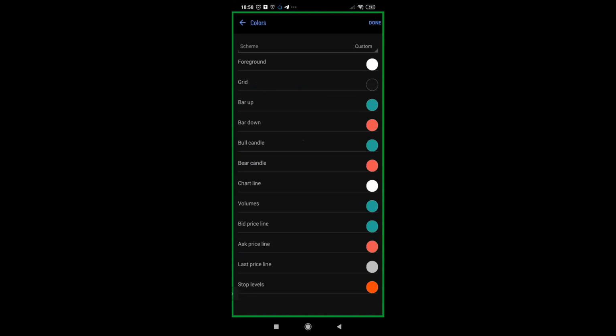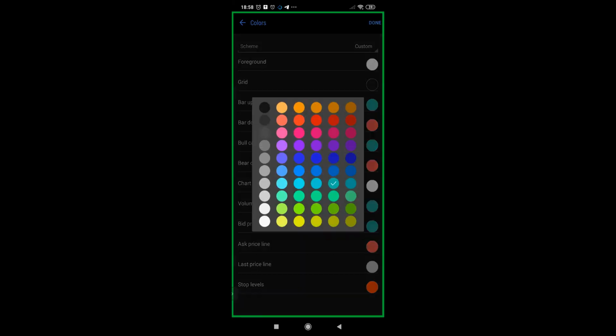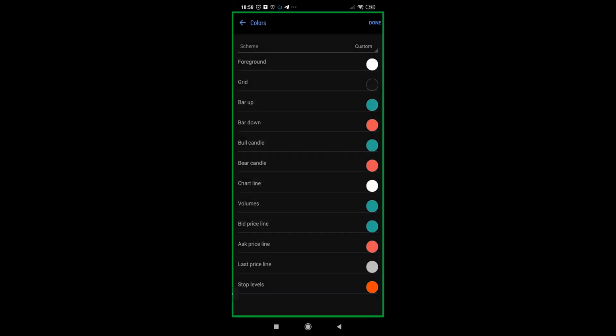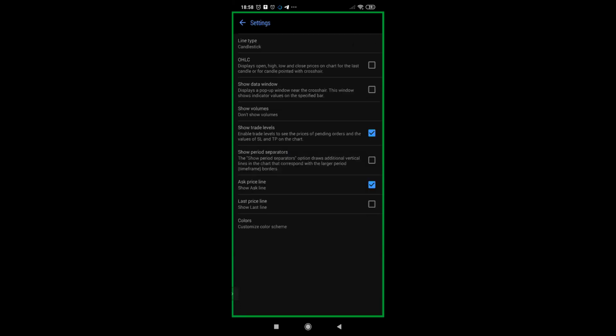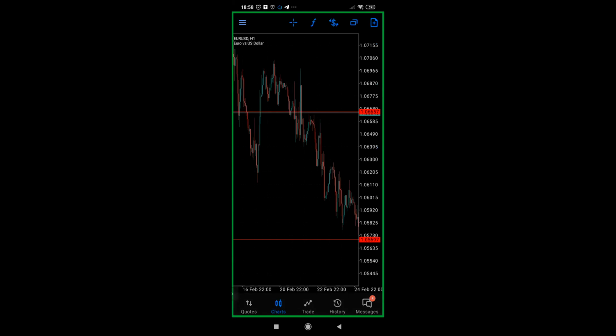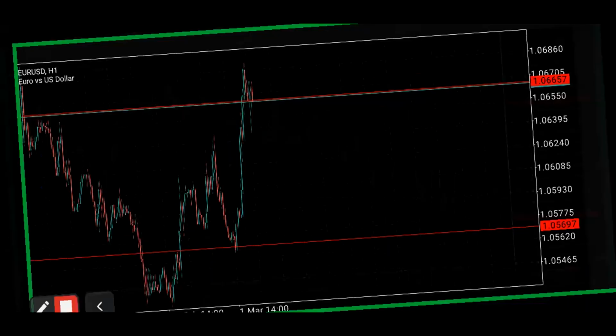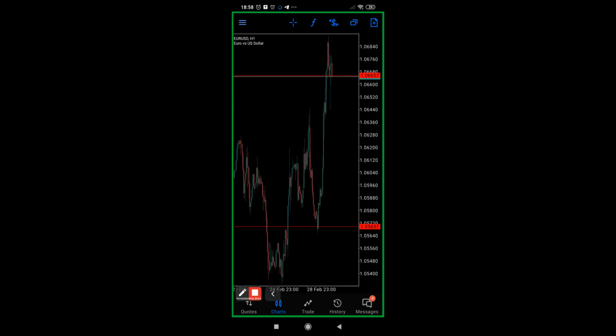This is where you set exactly how your chart will look like: the grid, the background, everything, the colors of the bull and bear candles, rather. So this is where you set everything. As you can see, mine is set to green, so you can change it to whatever color that suits you. You want to take your time and play with all of that and arrive at a chart that you like. All right, so that is that.